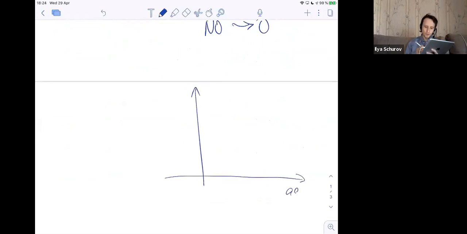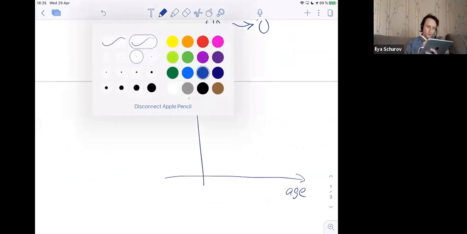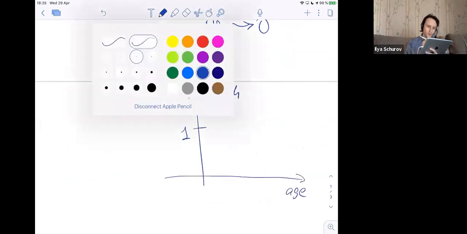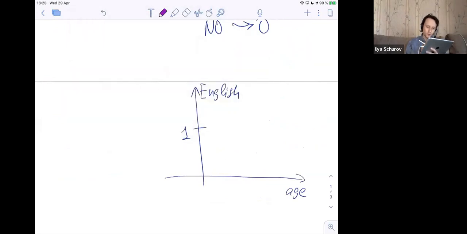I have age, and I have some values. So this is my English. And I have some values. Something like this.